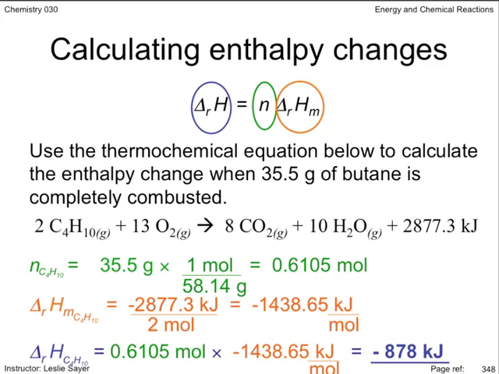Multiply the two calculations together. Use the values still in your calculator, not the truncated ones you've written down on your page. The moles cancel out, and you're left with the enthalpy change created by combusting 35.5 grams of butane, clearly stated, rounded to the correct number of significant digits, and showing the correct units.